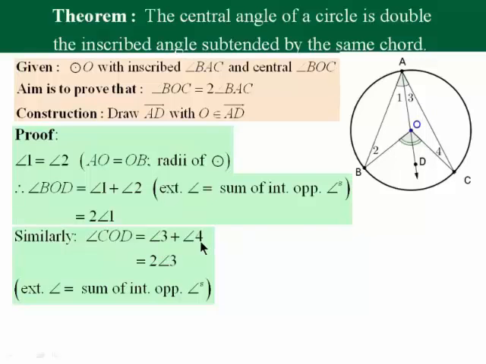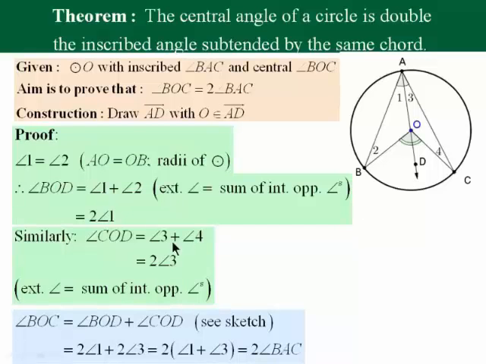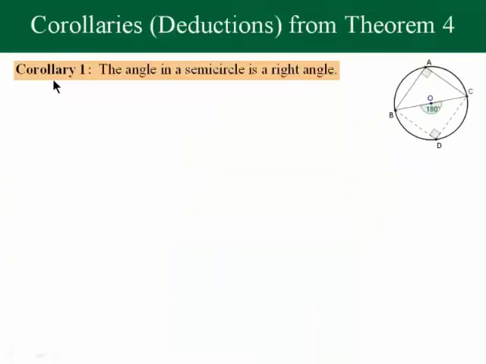So 3 is equal to 4, so I can replace angle 4 by 3, and I get twice angle 3. Putting these two results together, we can say the central angle BOC, which is clearly the sum of angle BOD and COD, is twice the inscribed angle.